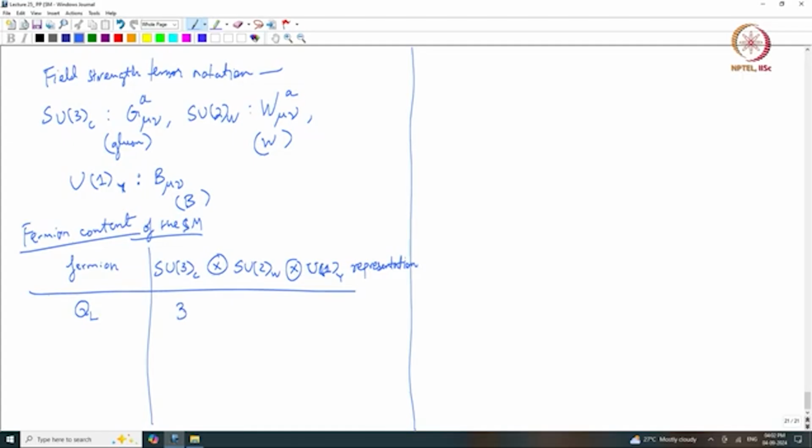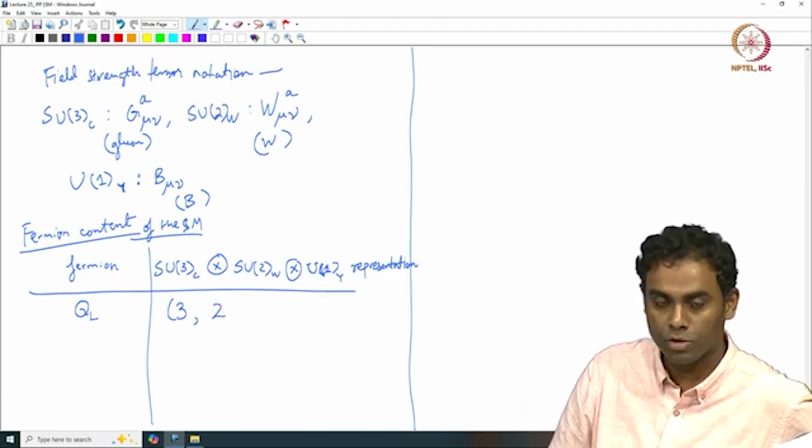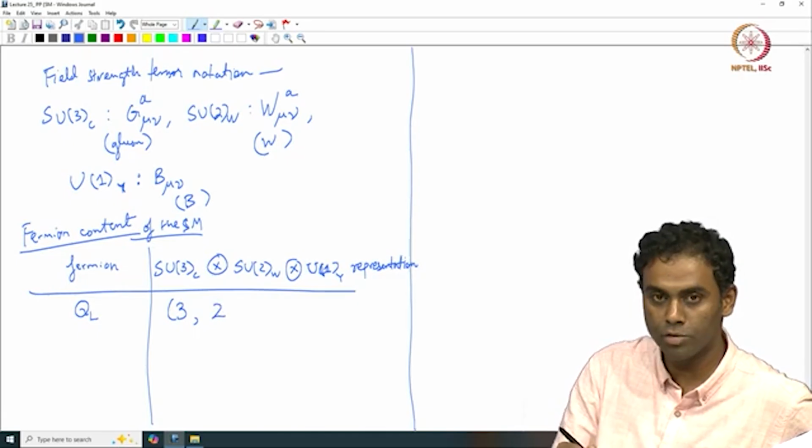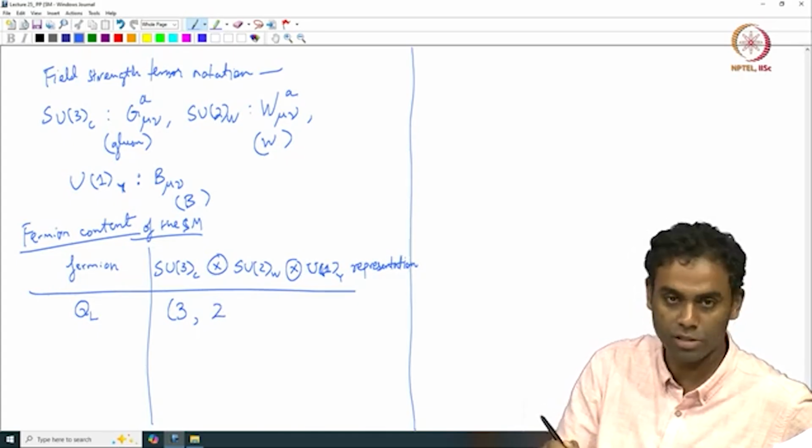It is in the fundamental representation of the SU(3), which I'm going to denote with a 3, comma, it's also in the fundamental representation of SU(2). So it's a triplet under SU(3) and a doublet under SU(2). That's what we mean by this notation.